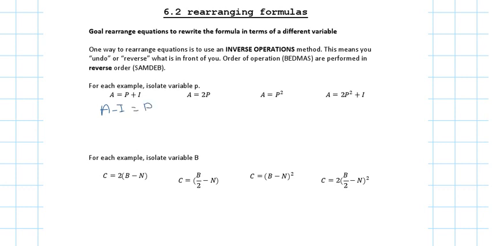How about the second equation, you have A equals 2P. Divide by 2 because it's 2 times P. The opposite of multiplication is division. Yeah? So it will be A divided by 2 equals P. Are we okay with that?